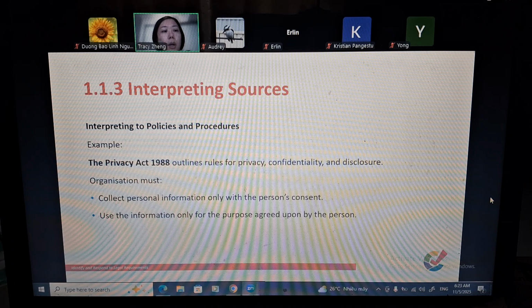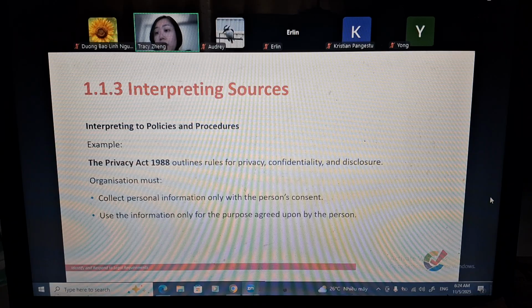According to the Privacy Act, the organization must collect personal information only with the client's consent, and use the information only for the purpose agreed upon by the person. That means the organization can't just use our client's information wherever they want. They must also get the consent.